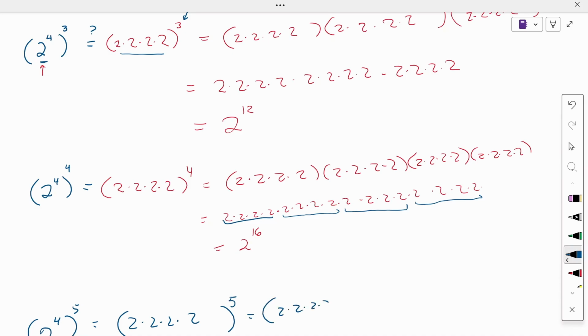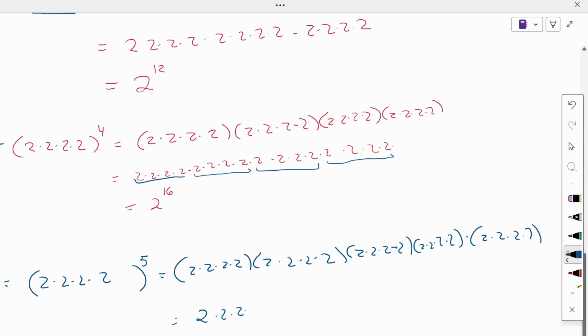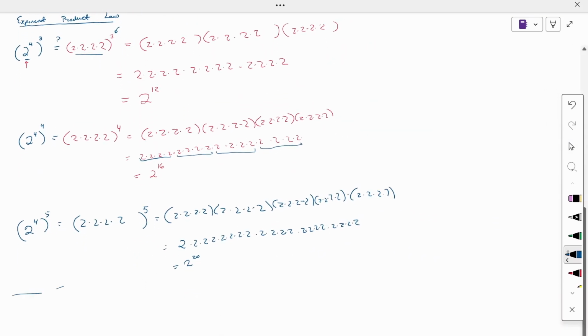So you're going to get 2 times 2 times 2 times 2 times 2 times 2 times 2 times 2 times 2 times 2 times 2 times 2 times 2 times 2 times 2 times 2 times 2 times 2, which is going to give you 2 to the 20th.